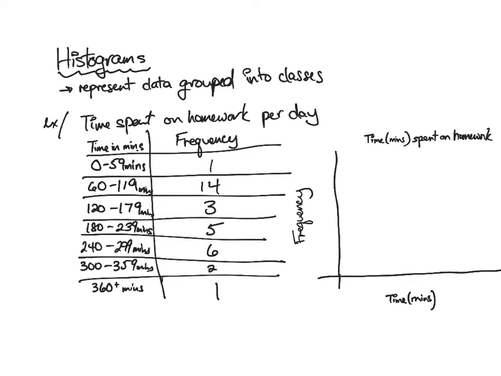You would have the individual designations for the x-axis, so you always start at 0, then you'd have 60, 120, 180, 240, 300, 360.